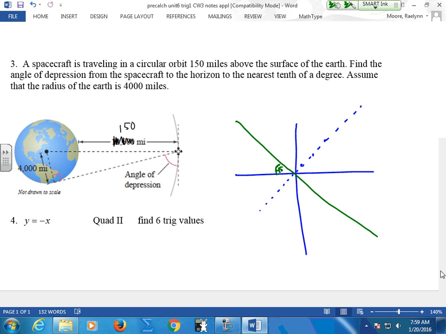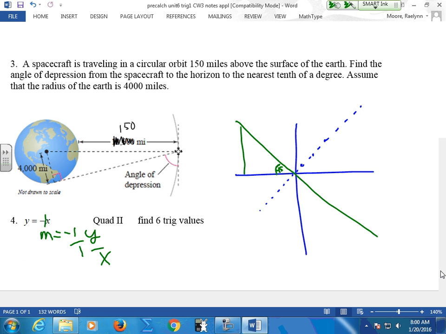So this one's not too bad. We can figure it based on a 45. Or if I gave you this with a negative 3x, negative 2x, negative 20x, whatever this is, it's your slope. So slope is what values? Change in y over the change in x.